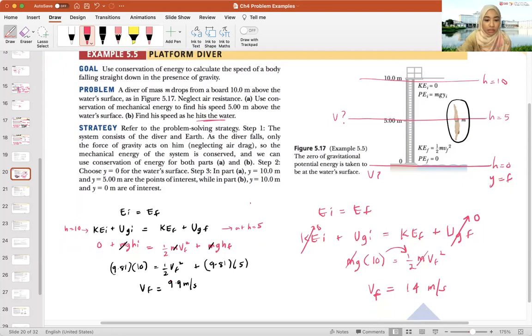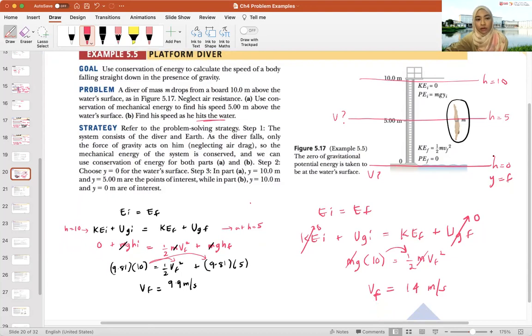Tadi kita punya velocity 9.9 je sebab kita punya initial energy ni kena berkongsi antara dua ni. So ada MGH punya energy, ada KE punya energy. So KE tak sampai full potential dia. When this guy reaches the ground where the potential energy is 0, all of that energy from the initial UG went into kinetic energy.